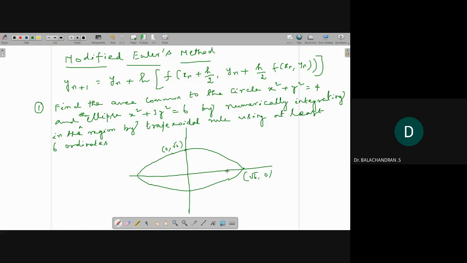So the circle is like this. But it is beyond root 2, so it should go like this. So imagine it is a circle.